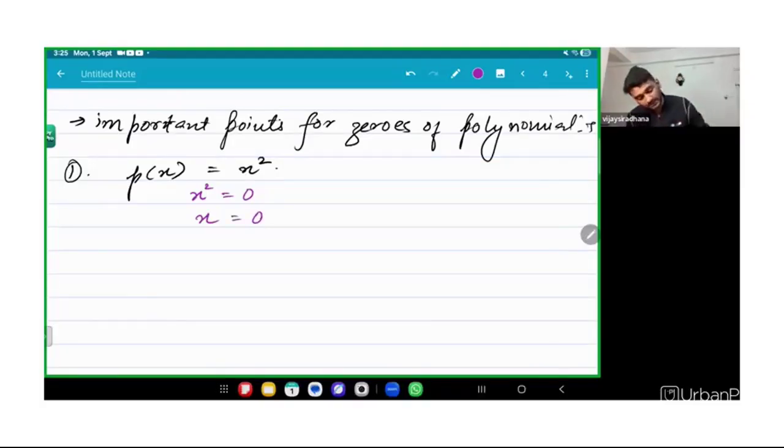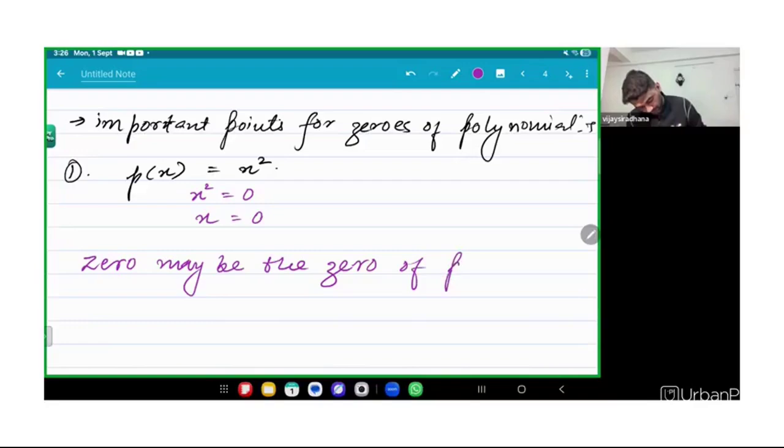So the first conclusion we come to here is that 0 may be the zero of a polynomial.